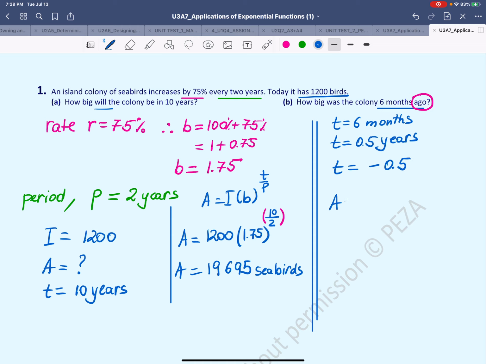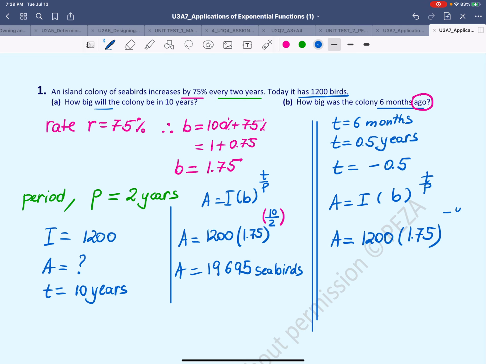So now we'll say the population A equals I, B to the power of T over P. We use the exact same formula. And we want to find the population of 1200 from now that normally increases at 75% rate, or B, a 1.75 factor.